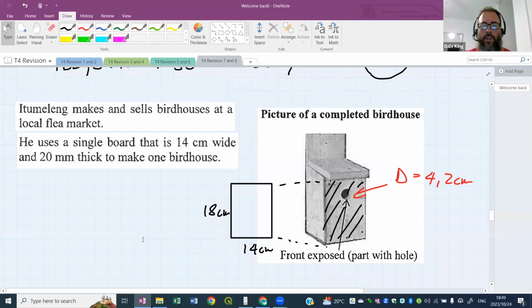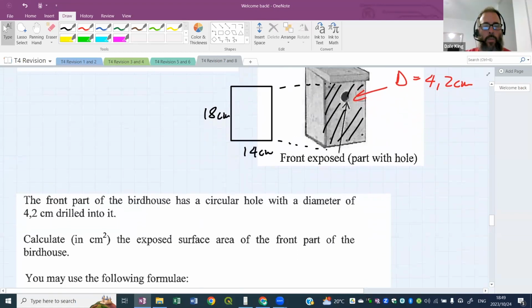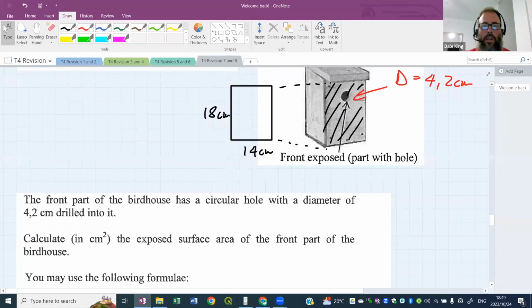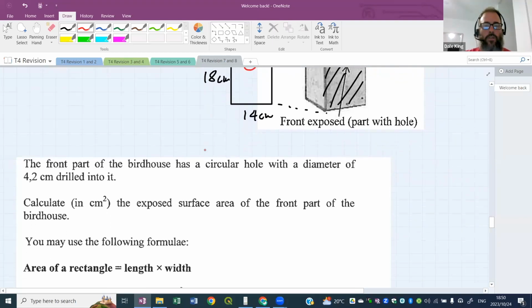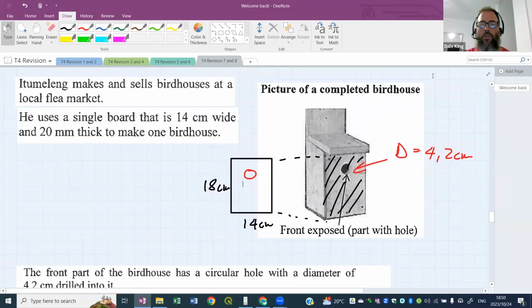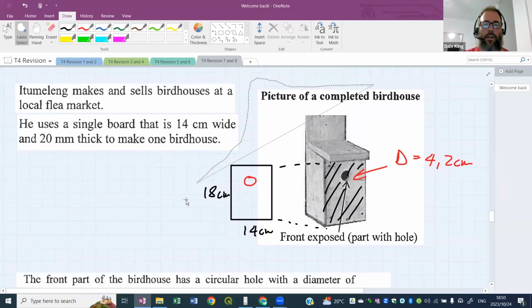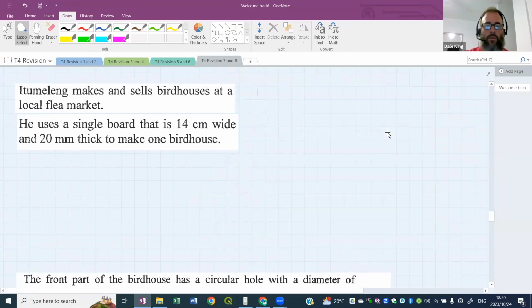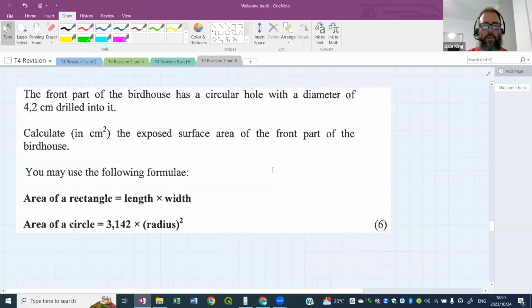Don't worry about thickness. So the question is, calculate in centimeters squared the surface area of that front panel, that part of the birdhouse. Just remember that there is a hole in it. You may use the formula area of a rectangle and area of a circle. So I'll bring all of this down to the question so we can see it clearly.